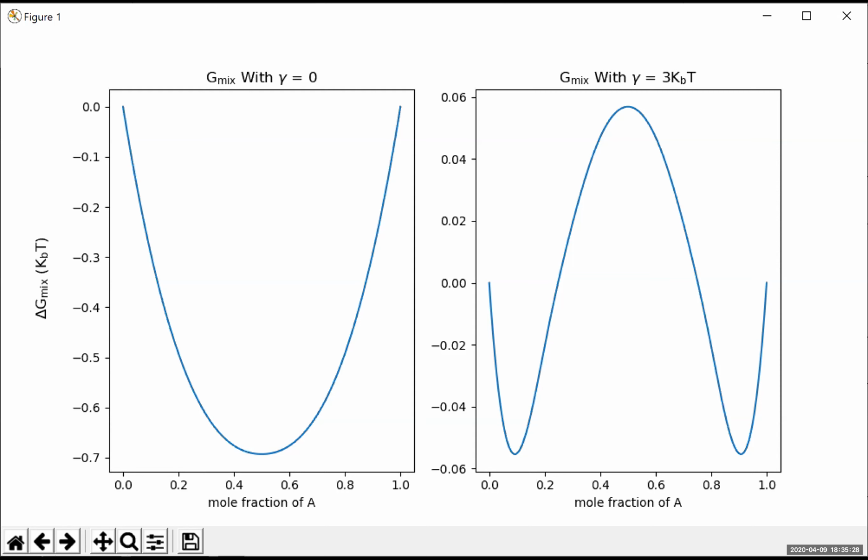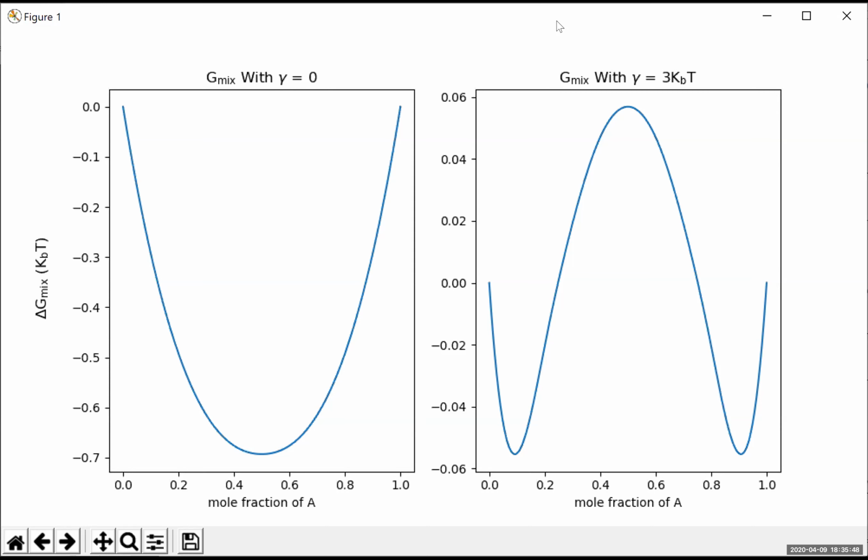Could you repeat the question? Was the question that, when a system undergoes phase separation, will it reach the two lowest points of the curve? Okay.